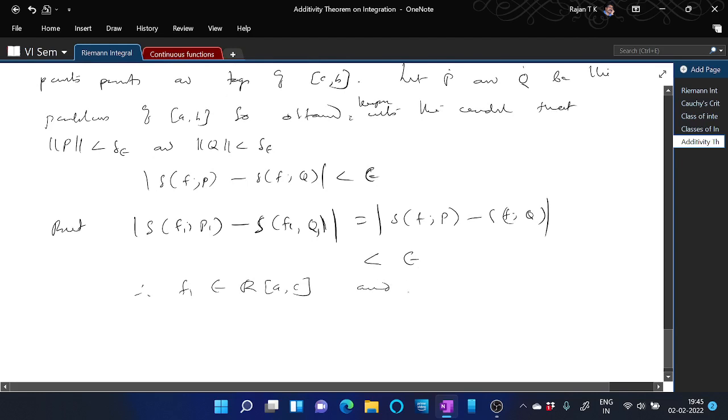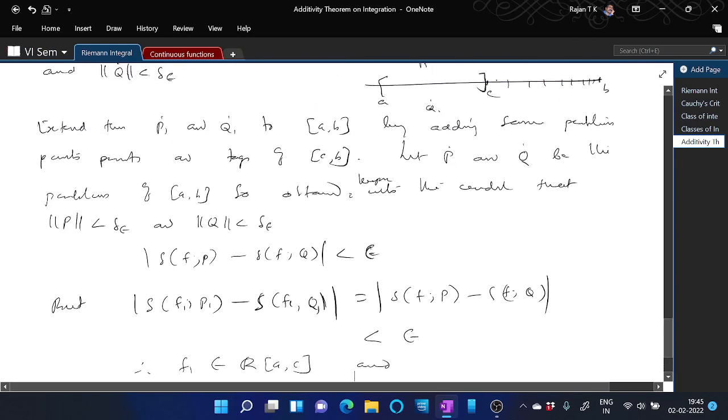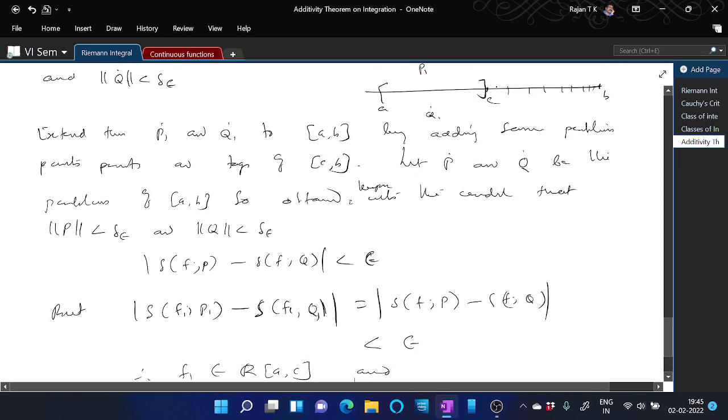Similarly, by extending the partitions of [C,B] to the whole interval [A,B] by adding the same partition points and tags from [A,C], we will get two partitions of [A,B], and for that also we will have the condition modulus of S_F(P) minus S_F(Q) less than epsilon.